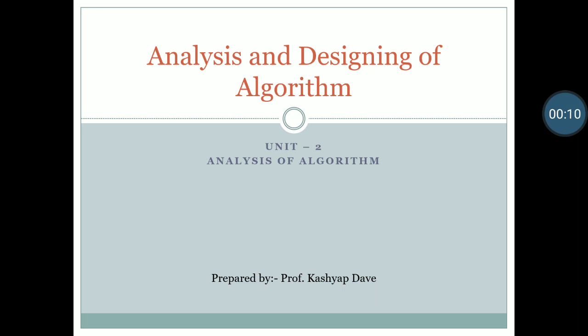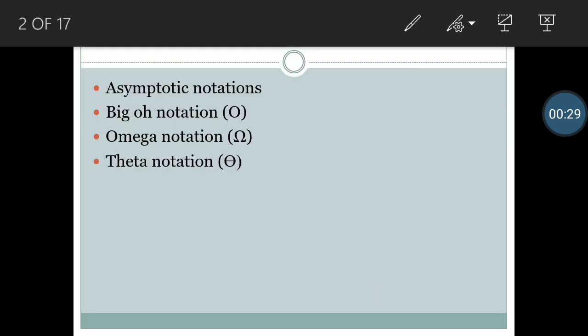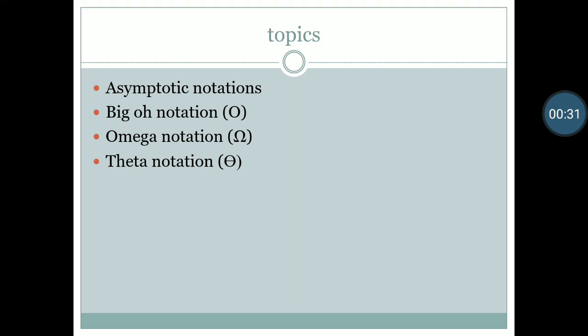In the previous video lecture, we discussed asymptotic notation, meaning what asymptotic notations are and why we use them. They are of three types. First one was big O notation, second is omega notation, and third one is theta notation.